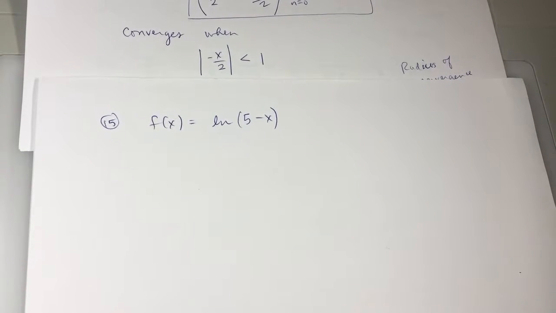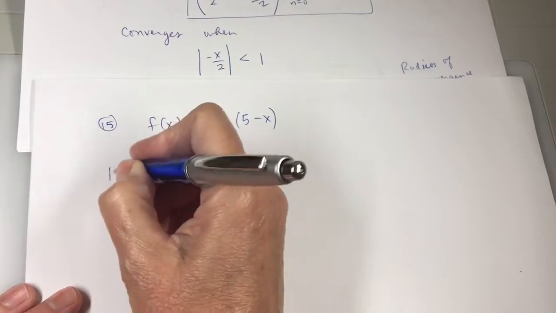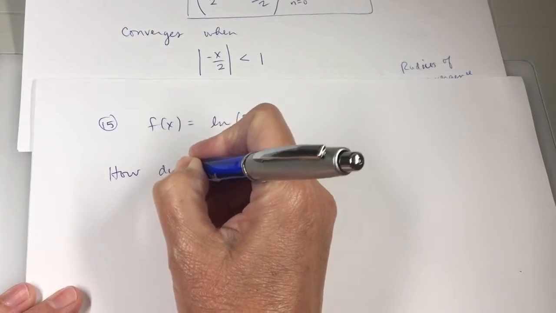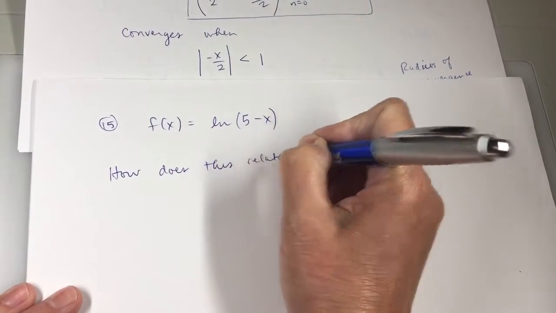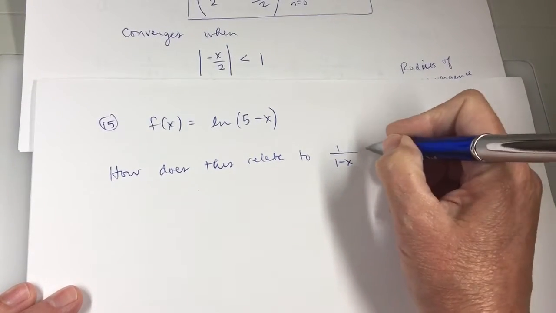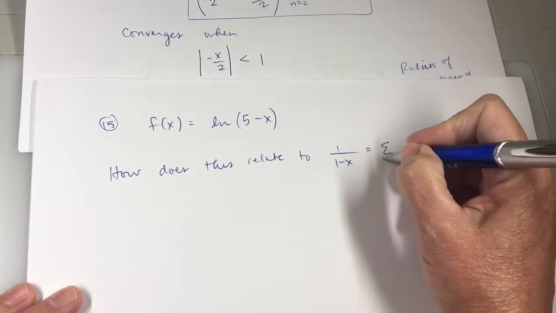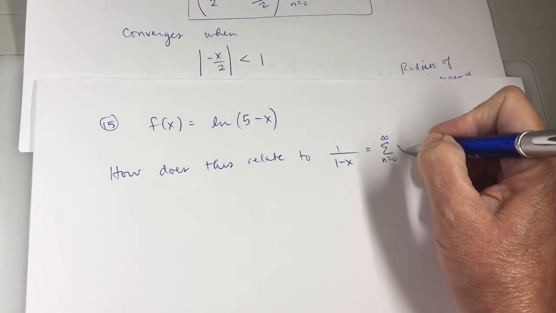For this problem, I need to think about how this function relates to our formula. How does this relate to 1 over 1 minus x, which is the summation as n goes from 0 to infinity of x to the n?